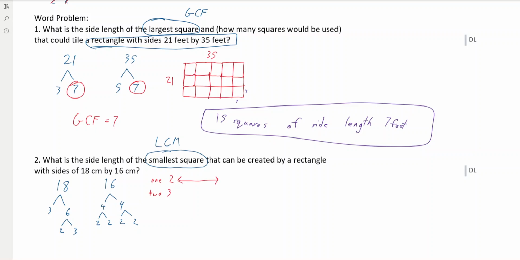And the right side has 4 2's and 0 3's. So we take the bigger of the numbers, so 2 3's and 4 2's. So we go 2 times 2 times 2 times 2 times 3 times 3. So this is going to be a pretty big number. 16 times 9.